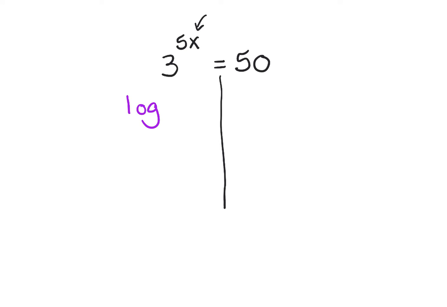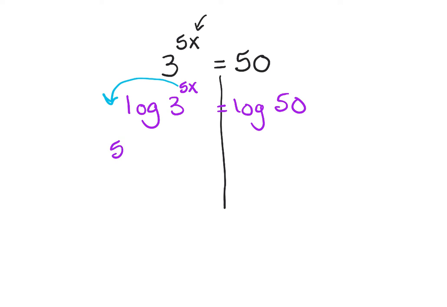All right, next example, 3 to the power of 5x equals 50. We have to solve for x. First step is take the common log of both sides. So log of 3 to the power of 5x equals log of 50. Now the power property says that I can bring this power out in front.